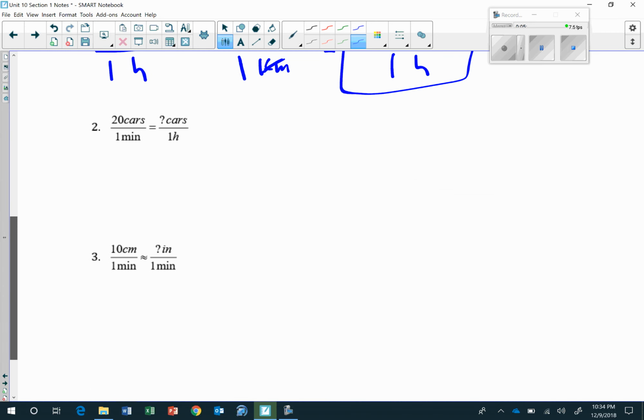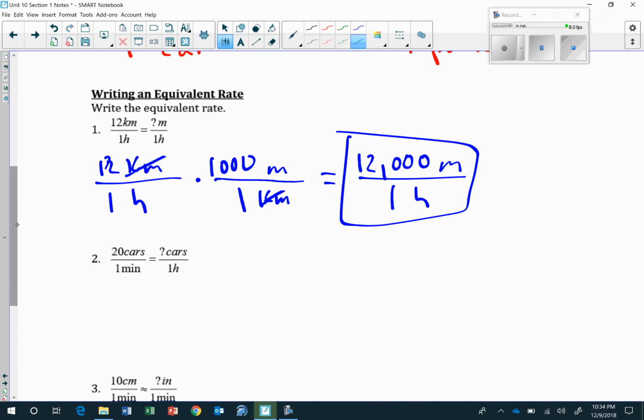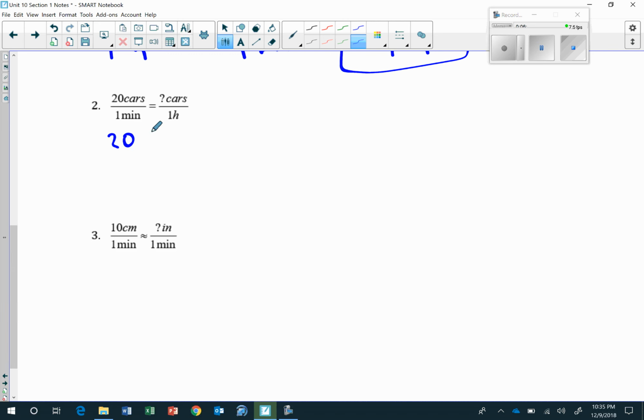For the next one, it says 20 cars over 1 minute, and we want to turn that into cars over 1 hour. So I'm going to start by rewriting the first one, 20 cars over 1 minute. I want to turn minutes into hours. So I need to put minutes in the numerator because it was in the denominator of the first one.